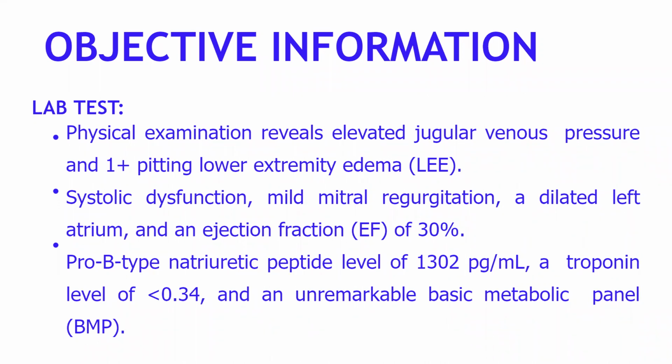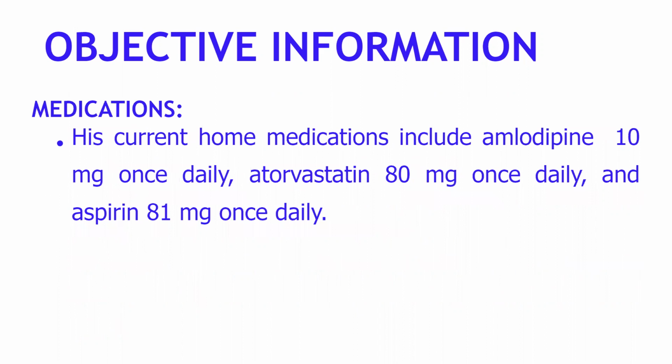And he also has a pro-B-type natriuretic peptide of 1,302 pg per ml, a troponin level of less than 0.34, and an unremarkable basic metabolic panel. And his medications include amlodipine 10 mg once daily, atorvastatin 80 mg once daily, and aspirin 81 mg once daily.